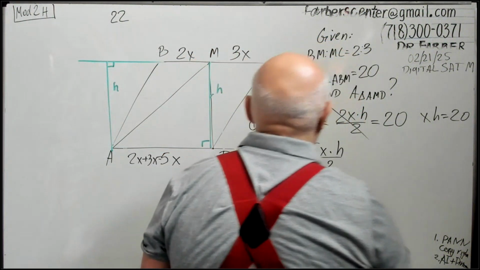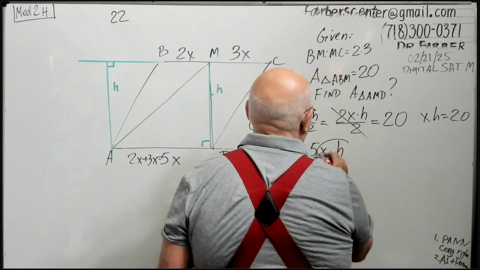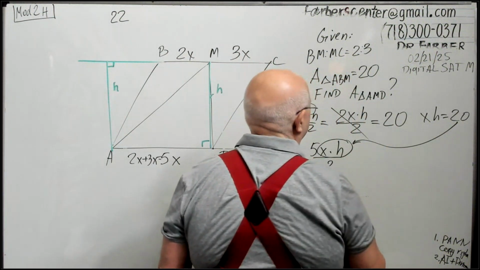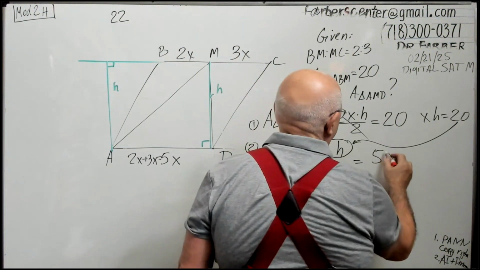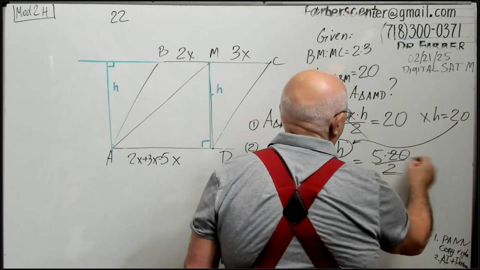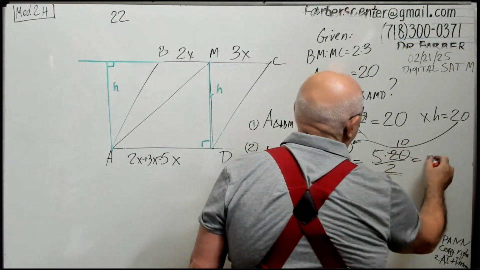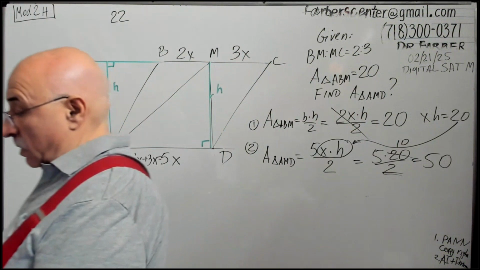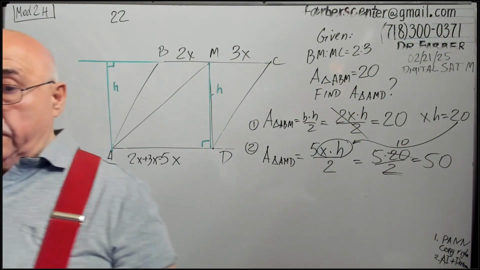But x times height equals 20. It will be 5 times 20 divided by 2. 2 goes into 20 10 times. 10 times 5 is 50. Actually, 2 steps. Understand up to this point, 100%?